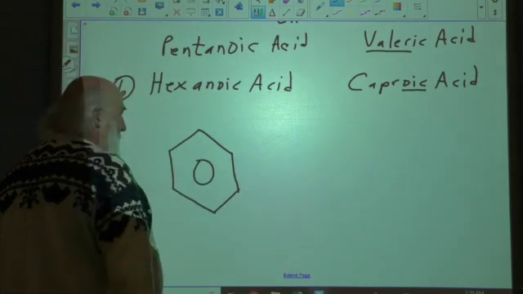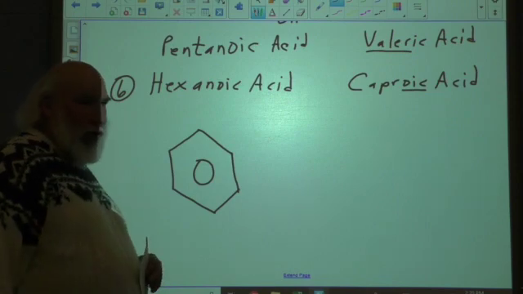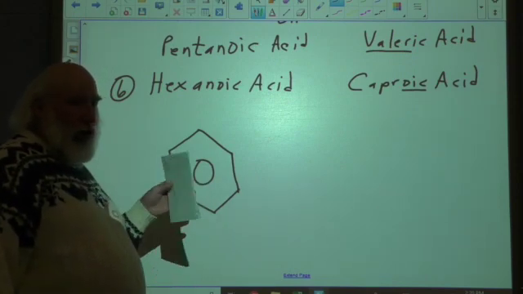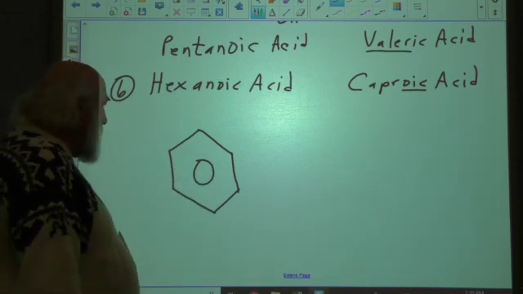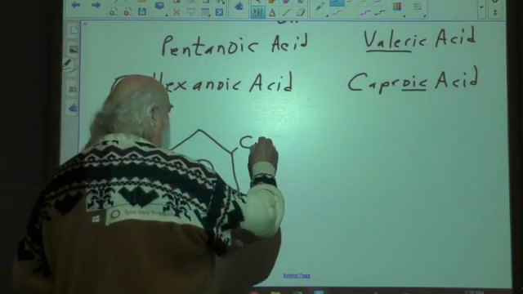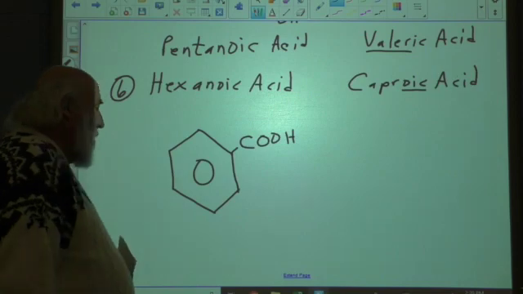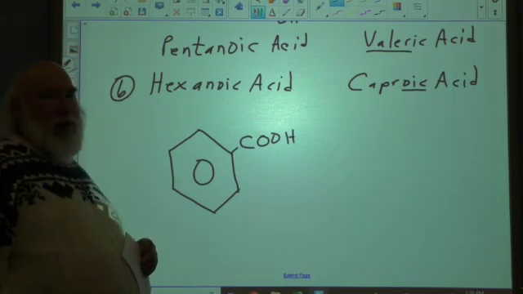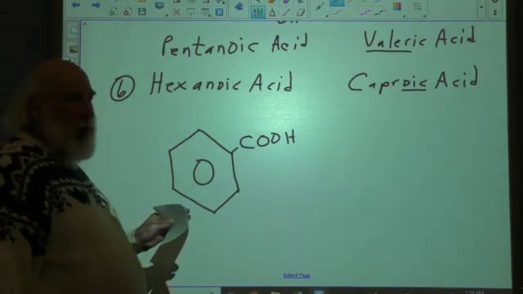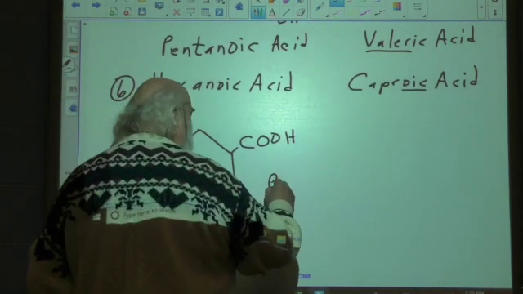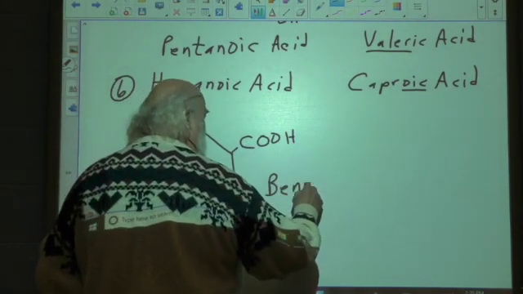This one's used, I believe, in Dr Pepper or one of the cherry type flavored drinks. And there's only one name you have to remember for this, because nobody uses anything else but this name. And that is benzoic acid.